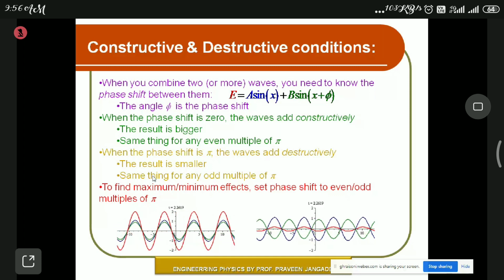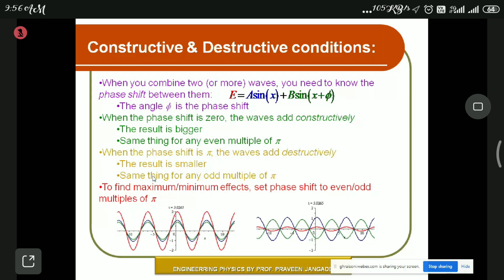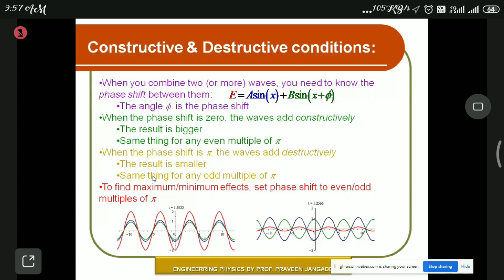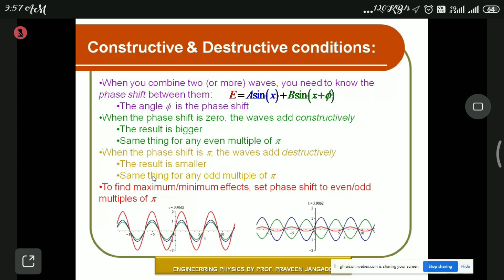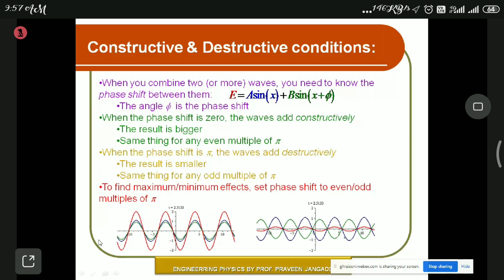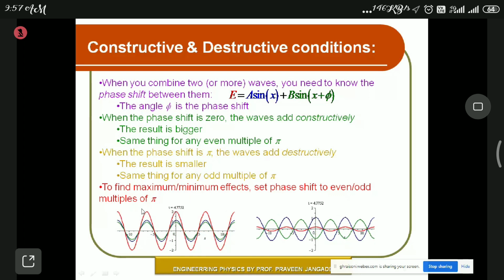In the first diagram, you can see these are progressive waves. You can see the two waves intersecting, and there is a red wave that gives you the resultant of these two.